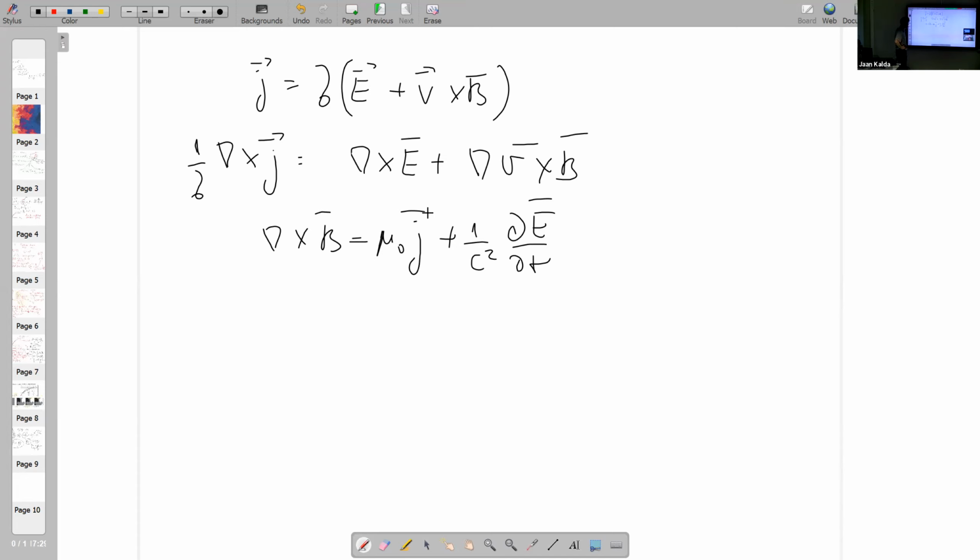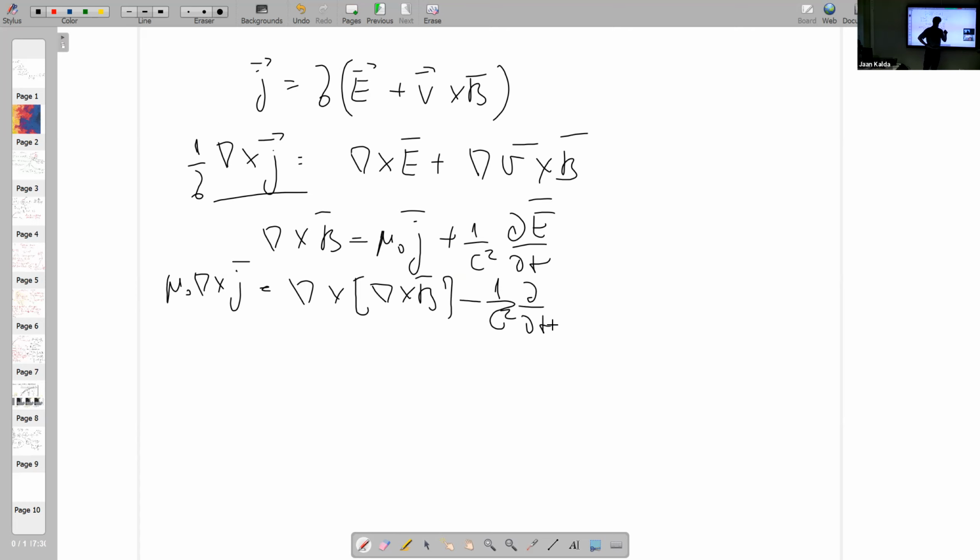But here we have curl of J. So let us see what is curl of J. Mu naught curl of J, let us keep it that way, is curl of curl of B minus 1 divided by C square d over dt curl of E.